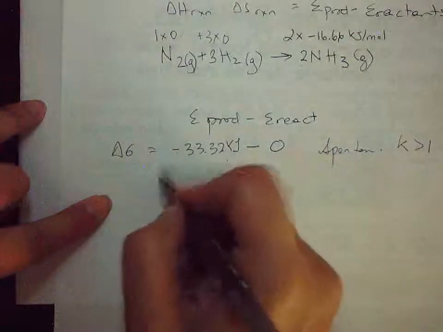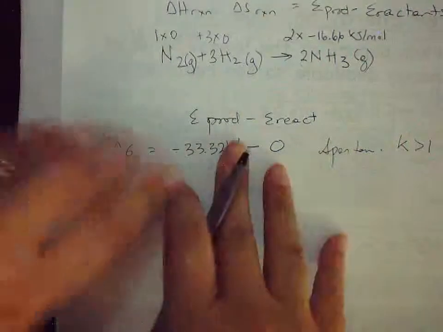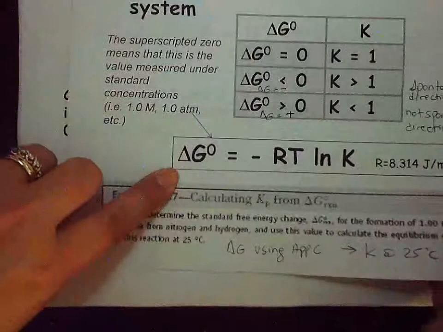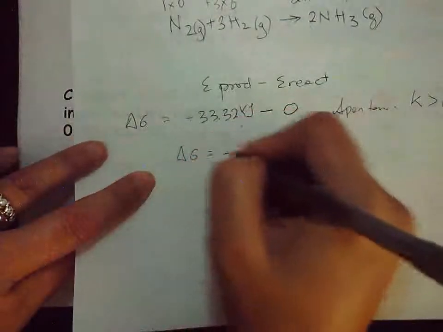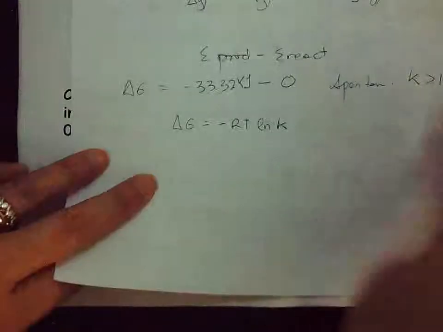All right, so let's actually figure out what that value is. What was the equation? Delta G is equal to negative RT ln K. Let's go ahead and substitute.